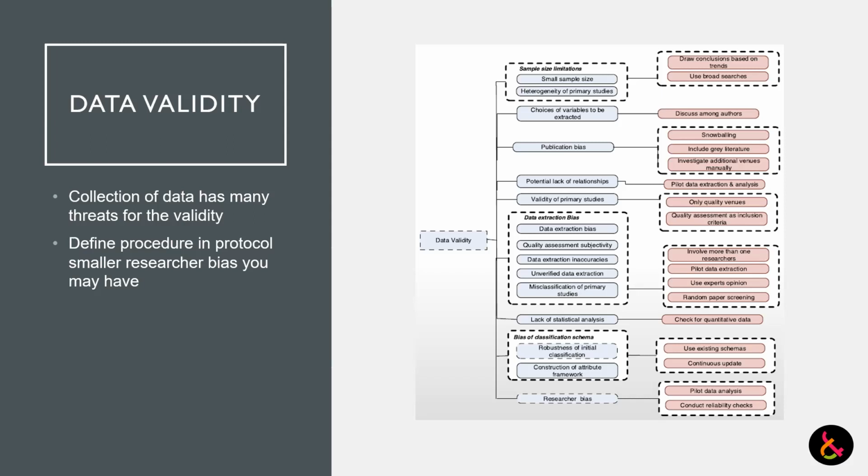As you can see on this picture, on the left side, it has three important factors: sample size limitation, data extraction bias, and bias of classification schema. Okay, sample size limitation. So it depends, again, from domain to domain.